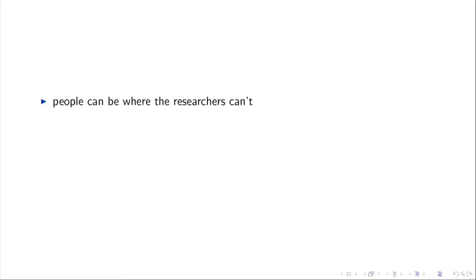I think a lot of opportunities for distributed data collection come where people can be where researchers can't. Some of these challenges are logistical, like you can't be everywhere. Some of them are really that people can be where it's not safe for you to be. There are a lot of other settings where you just can't be where you need to be to collect the data, and you can't necessarily hire someone to be there.